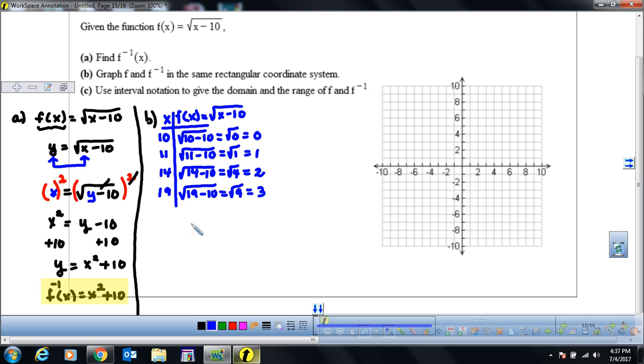So for the function f of x, we're going to get the following points: (10, 0), (11, 1), (14, 2), and (19, 3). Remember that we're trying to get a perfect square, and not only that, we're trying to avoid negatives because the square root cannot give me a negative number. That's the main thing.